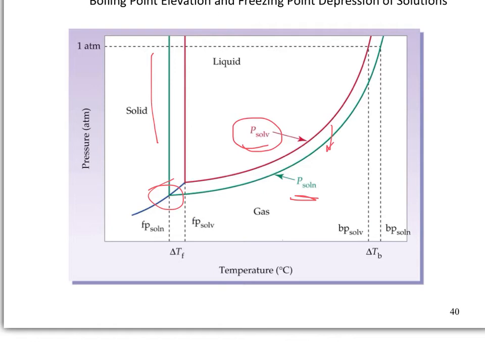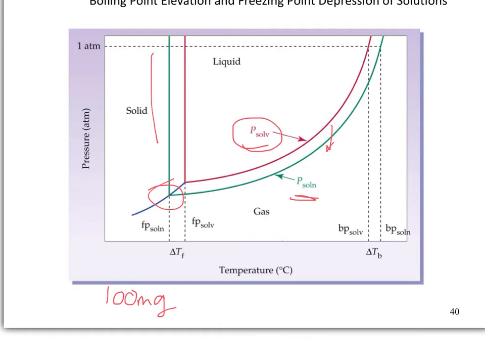So what you would do is weigh out a specific amount, let's say maybe 100 milligrams, for a given amount of the solvent. So you know the grams of solvent that you're working with, and you're going to add that amount to your pure solvent.